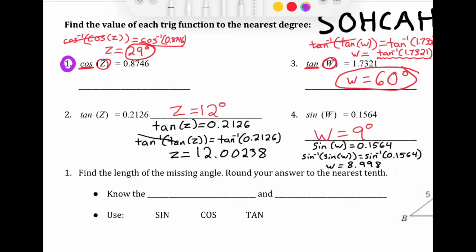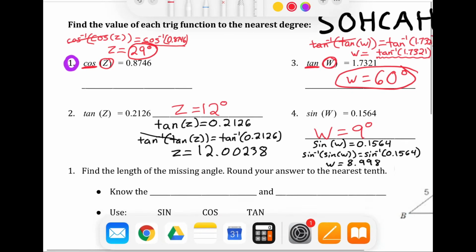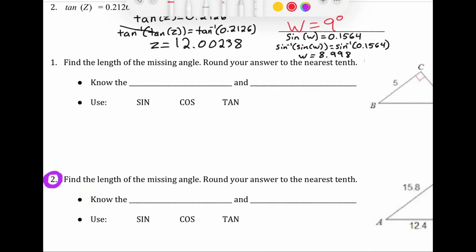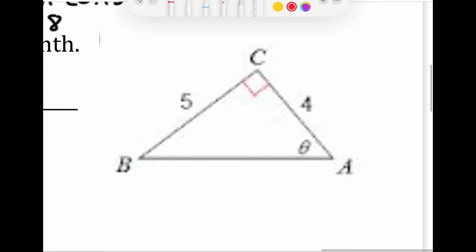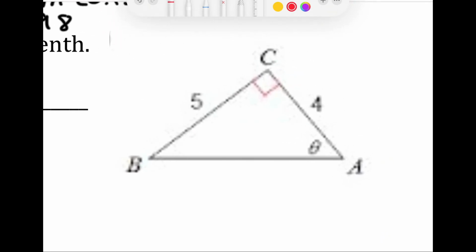Alright, so we're moving on to number 1, where it says find the measure of the missing angle, round your answer to the nearest tenth. So we first have to realize, what do we know? We know 2 of the sides of the triangle. Well, if our angle is over here with angle A, we know our opposite side, and we know our adjacent side.